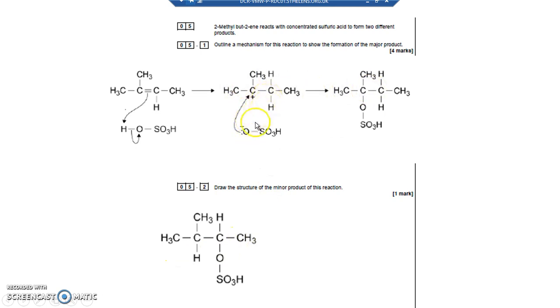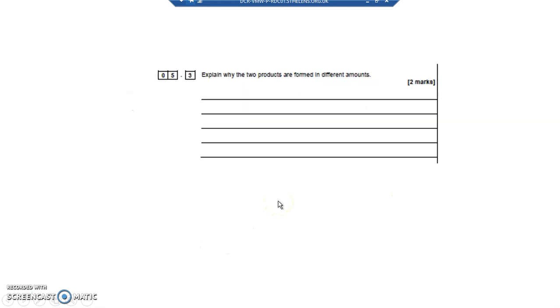If the H bonded to this carbon and this carbon here had the plus instead, as is the case in the minor product, then this C would have only two carbons bonded to it. So your answer is that this tertiary carbocation is more stable than the secondary carbocation that would be formed in the minor product.